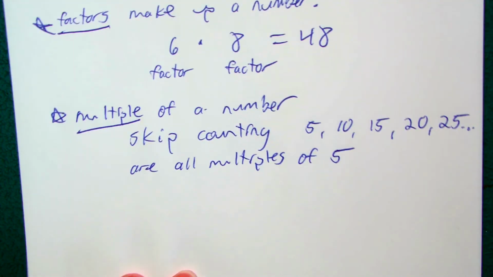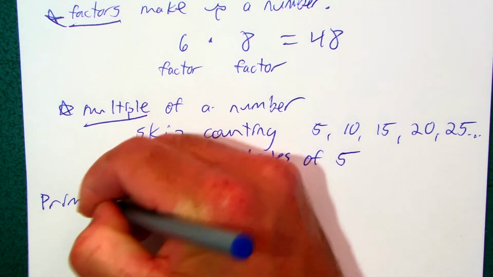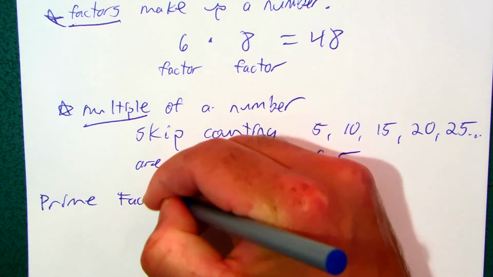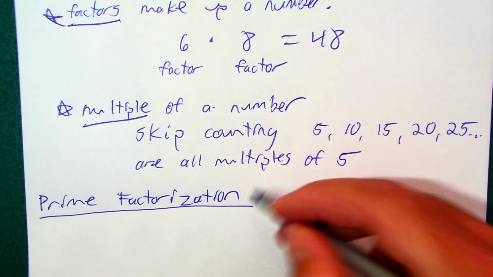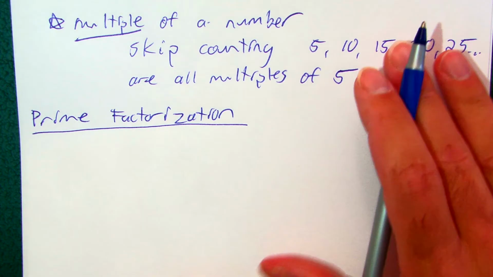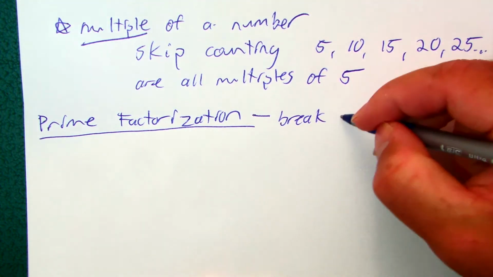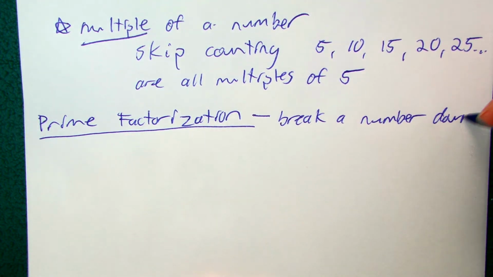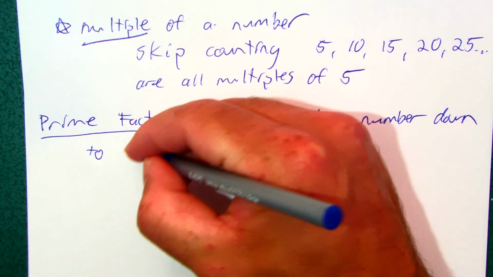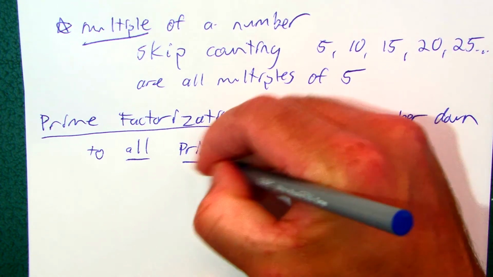So first up, I want to talk about prime factorization. All we're going to be doing there is breaking a number down to all prime numbers. That's kind of what the name is.